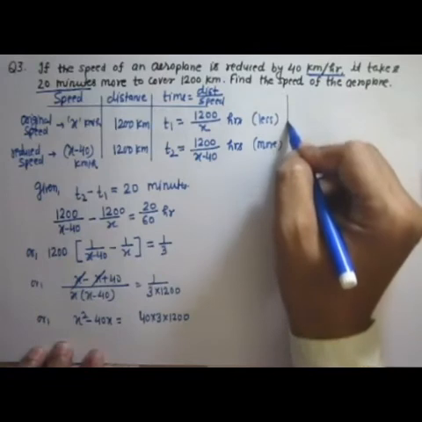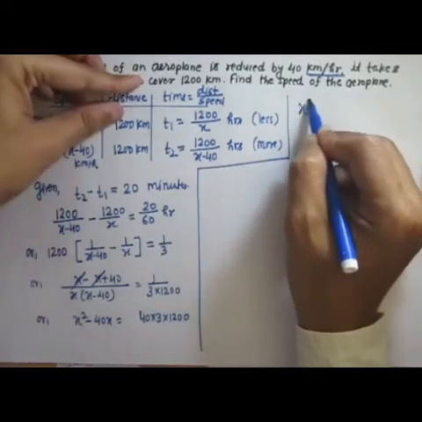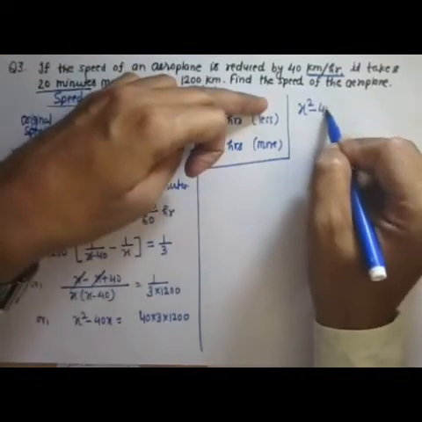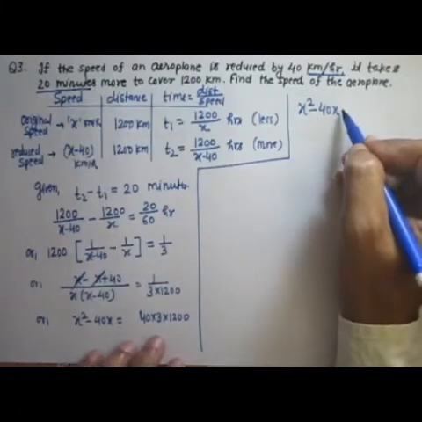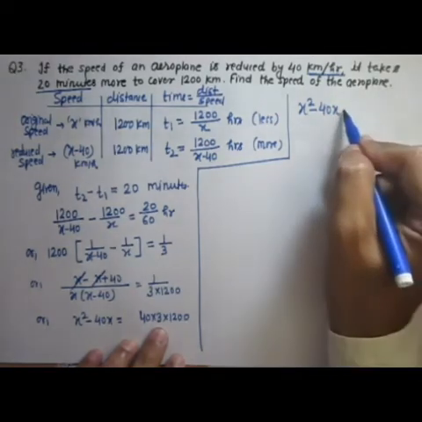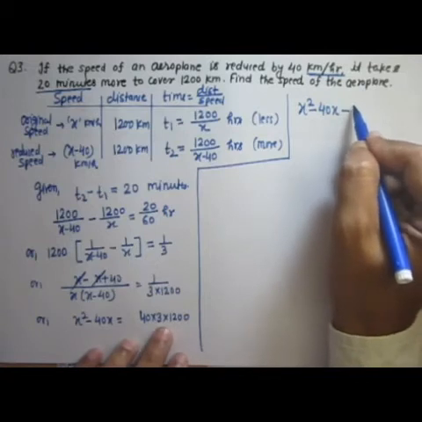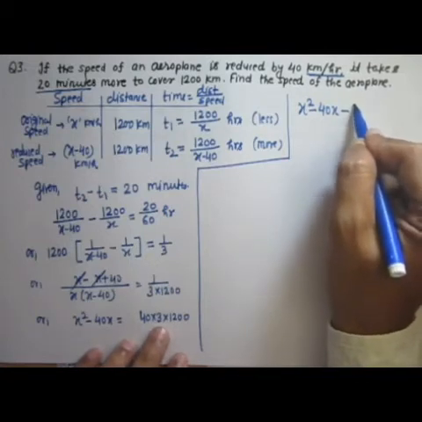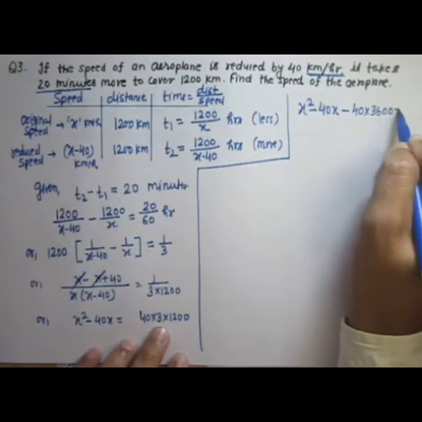Let us make a space here. So here we are getting x square minus 40x minus 40 into 3600 is equal to 0.